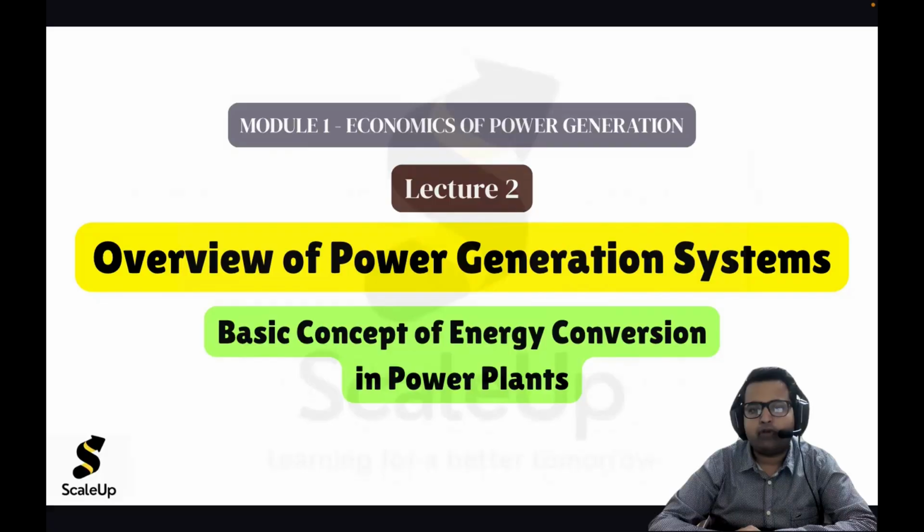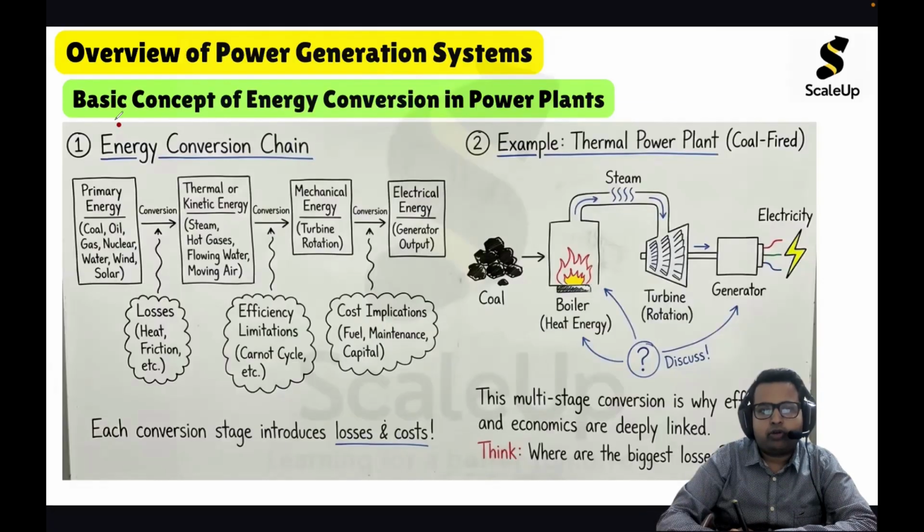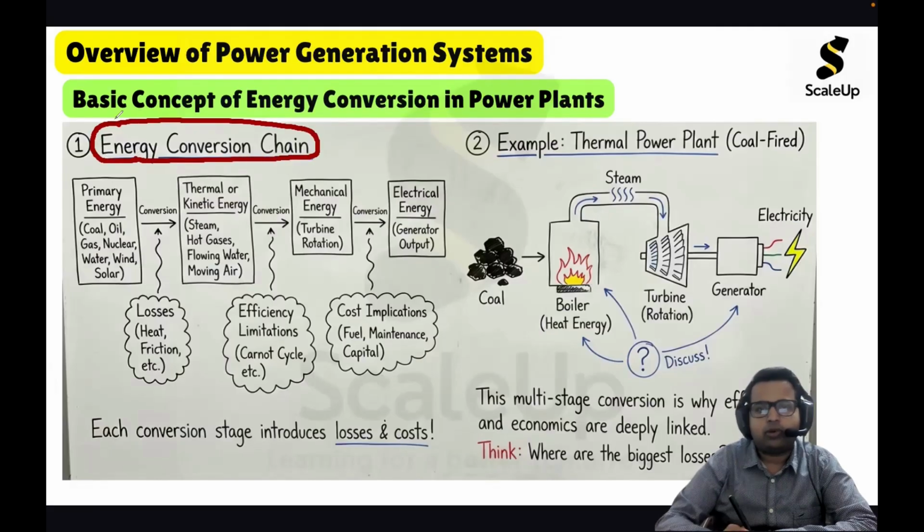Basic concept of energy conversion in power plants. If we talk about the energy conversion chain, every power plant follows an energy conversion chain. We start with a primary energy source. This primary energy source can be coal, oil, gas, nuclear, water, wind, or solar.